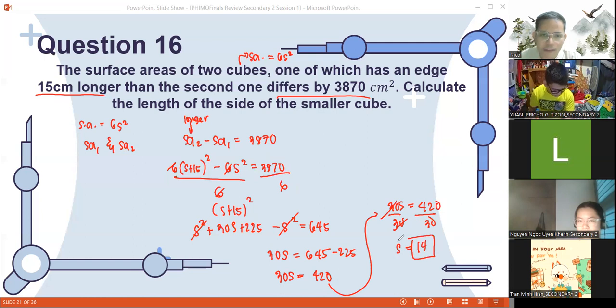And this is our answer, because we need to solve for the side length of the smaller cube, and that is s, right? The longer cube will be 14 plus 15, so that's 29. Understood? Okay, very good.